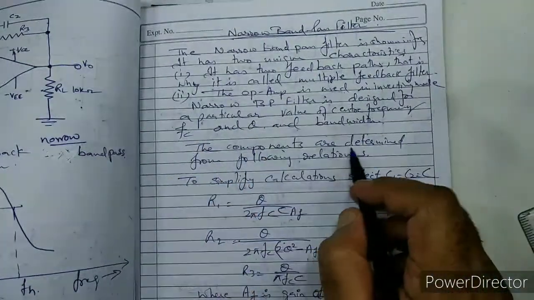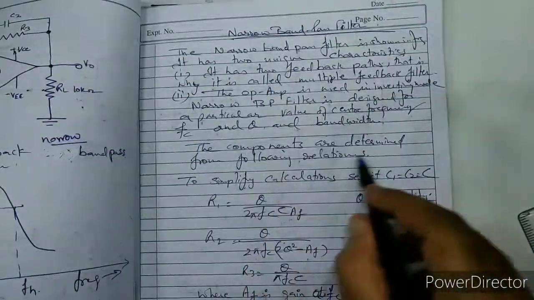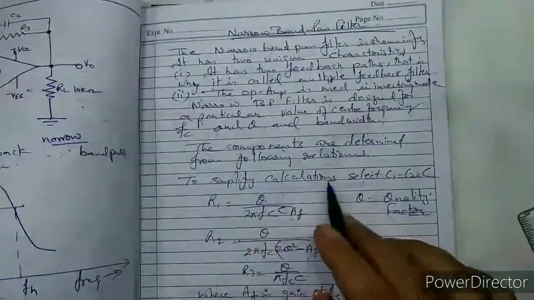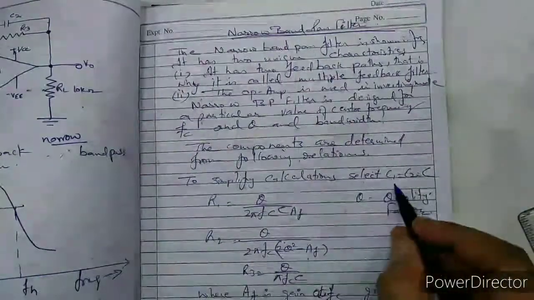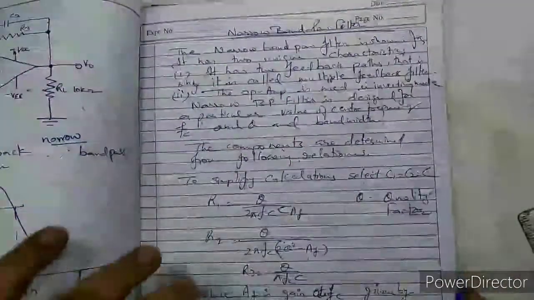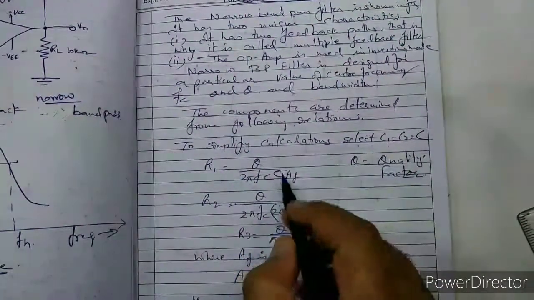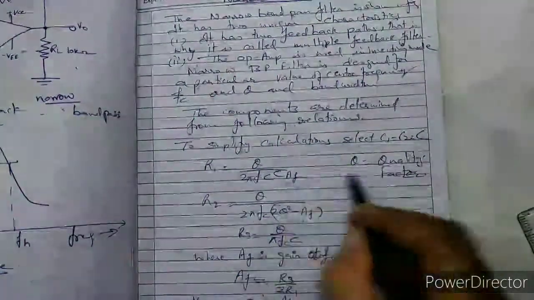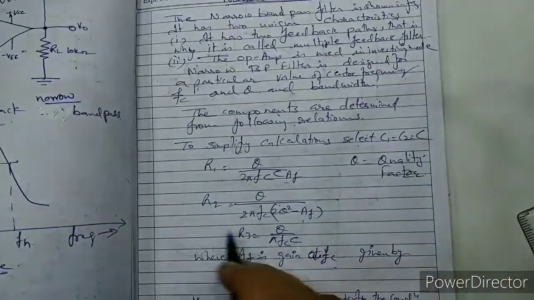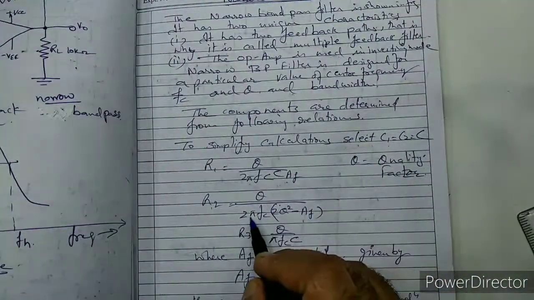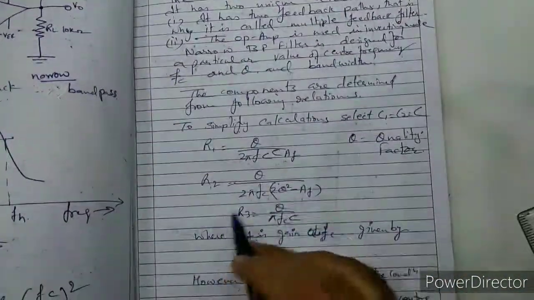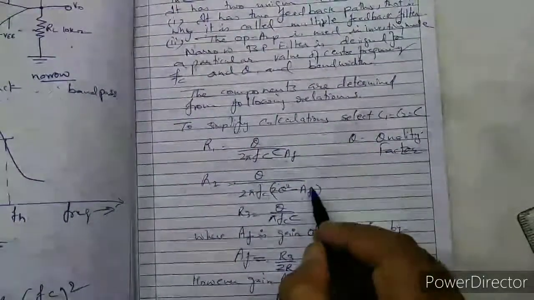The components are determined from the following relations. To simplify the calculations, select C1 is equal to C2 is equal to C. R1 is equal to Q upon 2 pi FC into C into AF, where Q is the quality factor. R2 is equal to Q upon 2 pi FC into C into bracket 2Q square minus AF.